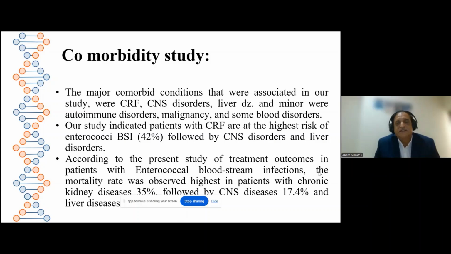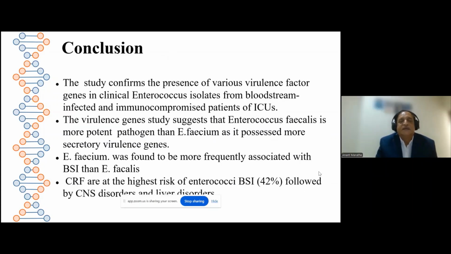Our study indicates patients with CRF are at the highest risk of enterococcal BSI, followed by CNS. According to the present study, the treatment outcome in patients with enterococcal bloodstream infections shows mortality is very high in patients with CRF, followed by kidney disease and liver disease. The study confirms the presence of various virulence factor genes in clinical Enterococcus isolates from bloodstream infected and immunocompromised patients of the ICU.